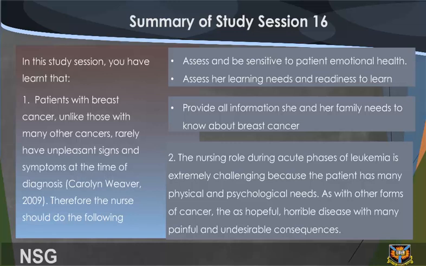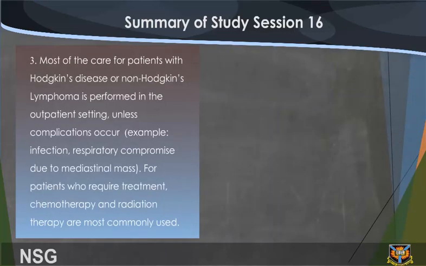2. The nursing role during acute phases of leukemia is extremely challenging because the patient has many physical and psychological needs. As with other forms of cancer, leukemia is seen as a horrible disease with many painful and undesirable consequences. 3.